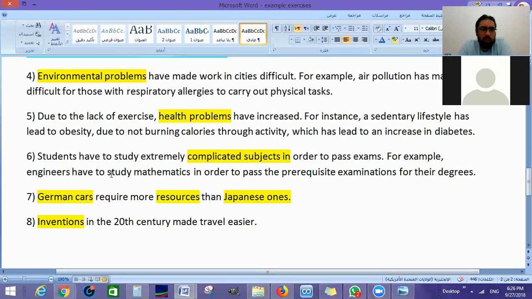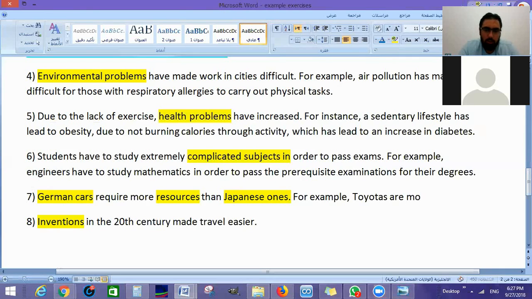So, for example, engineers have to study mathematics in order to pass the prerequisite examinations for their degrees. German cars, so we said BMWs, for example. Let's say Toyotas.